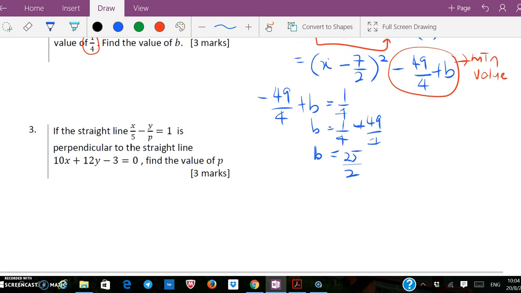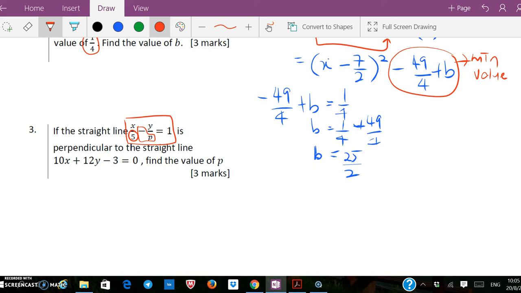Now we go to a question in the topic of coordinate geometry. Another weakness I see in my students is that they tend to rearrange the equation into y equals mx plus c, whereas they don't need to, because it is obvious that 5 represents the x-intercept and negative p represents the y-intercept. Why go to the extent of rearranging into y equals mx plus c just to get m, when you can get m straight away?